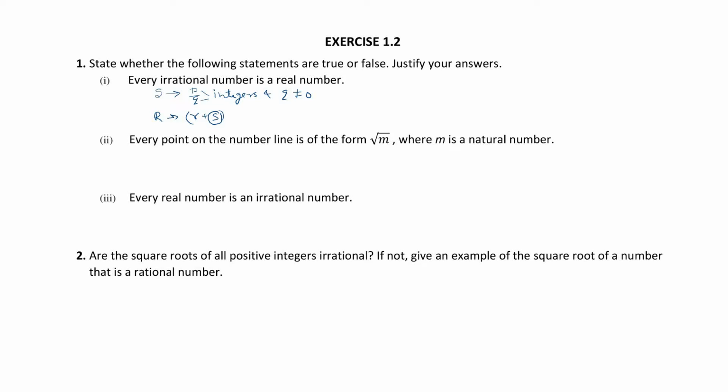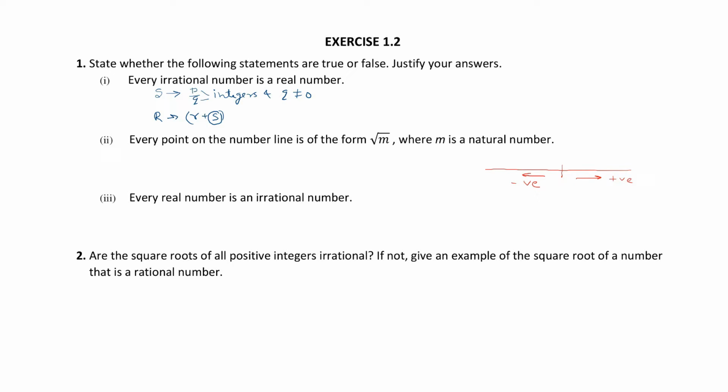The next one is: every point on the number line is of the form square root of n, where n is a natural number. Let's consider a number line. Here on this number line, we can represent both positive numbers and negative numbers, right? And we know that we cannot get a negative number after taking a square root of any number.